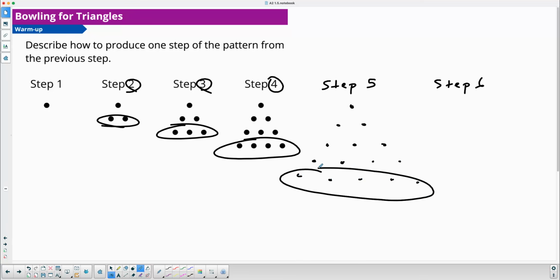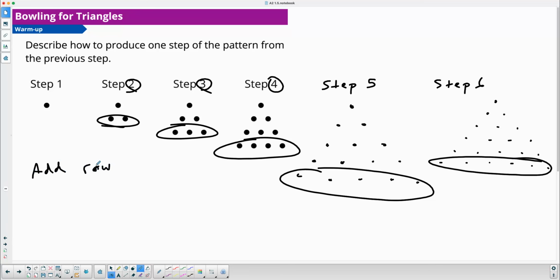Step 6 is going to be kind of the same thing. We had a row of 6 dots right there. Okay, so add a row of dots to the previous number of dots.